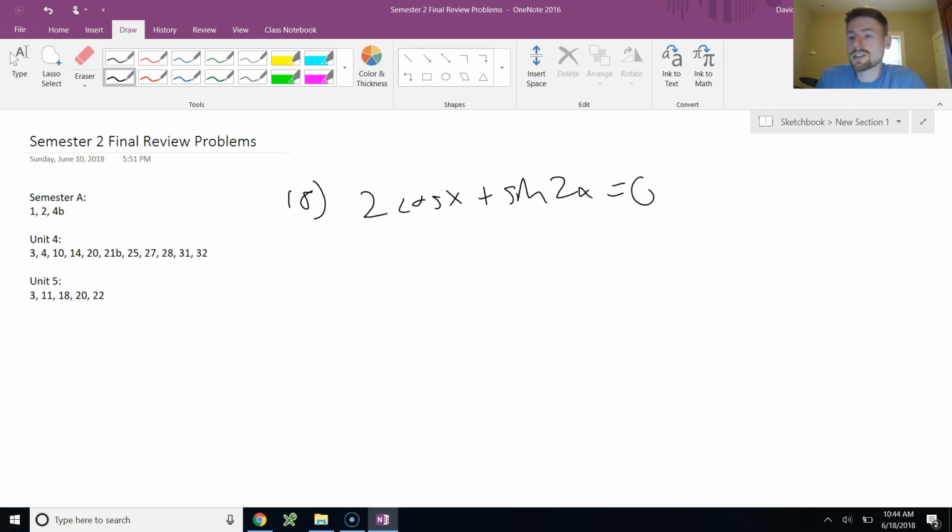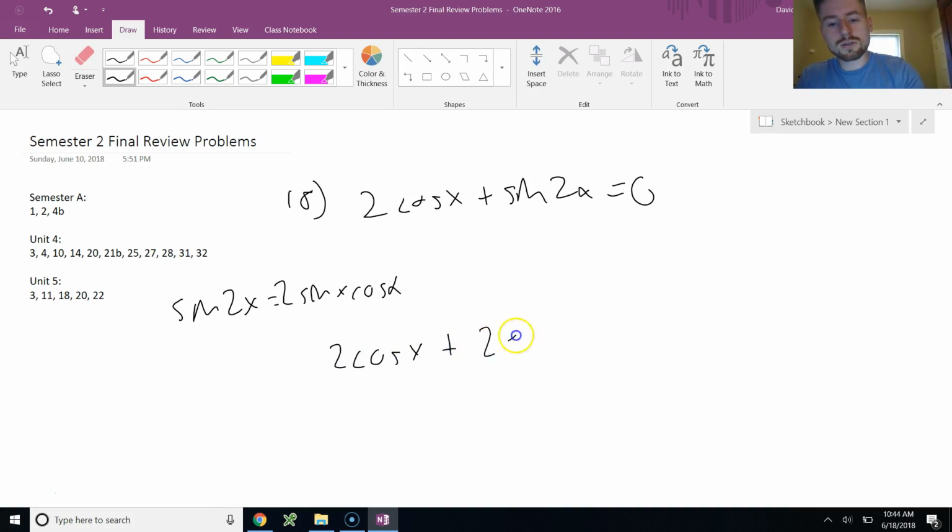So what I'm going to do is use the double angle identity for sine to get them to have the same argument. The double angle identity for sine says sine 2x equals 2 sine x cosine x. So if we make that substitution, that gives us 2 cosine x plus 2 sine x cosine x equals 0.